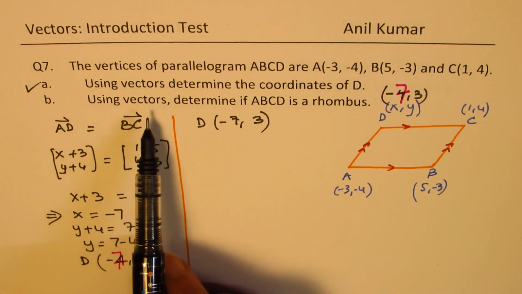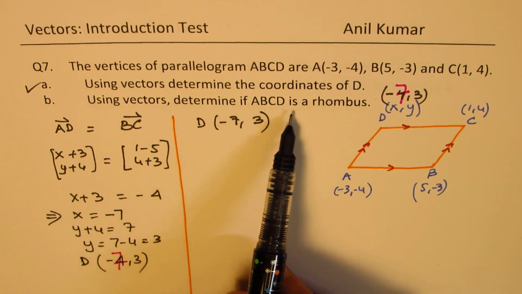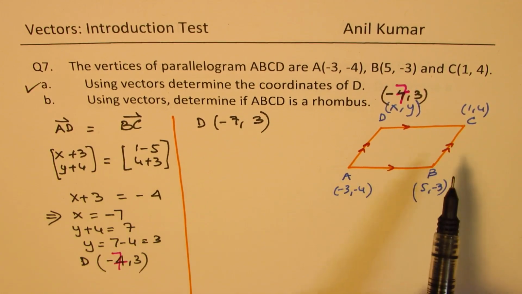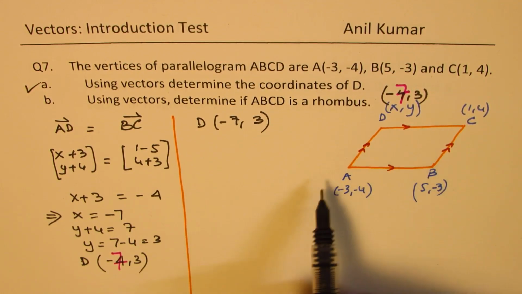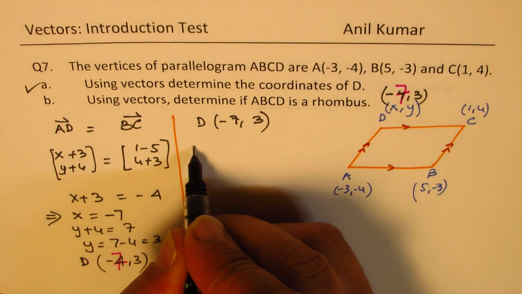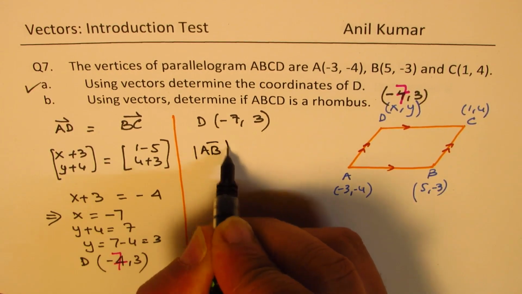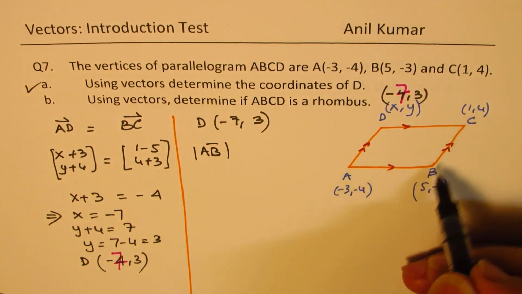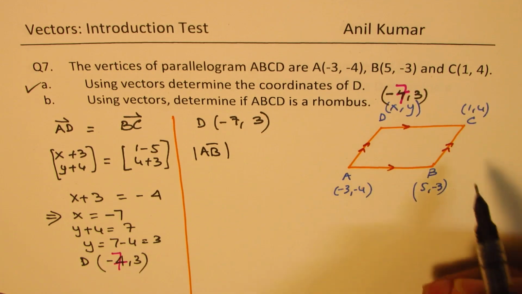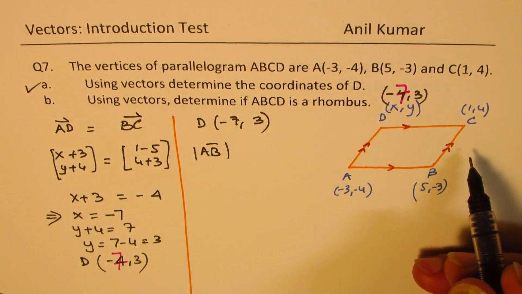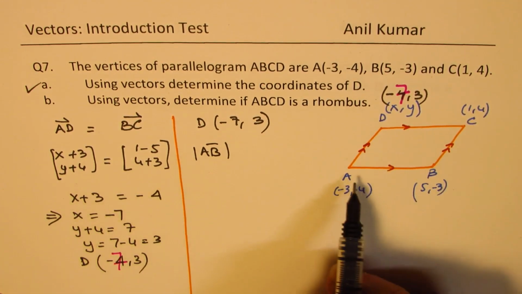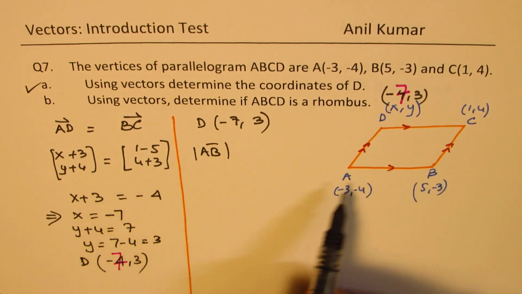Part B. Using vectors, determine if ABCD is a rhombus. Now, to show that ABCD is a rhombus, we need to find magnitude of AB and magnitude of BC, right? Then we can show that both are equal, only then it is a rhombus. So let's find magnitude of AB.